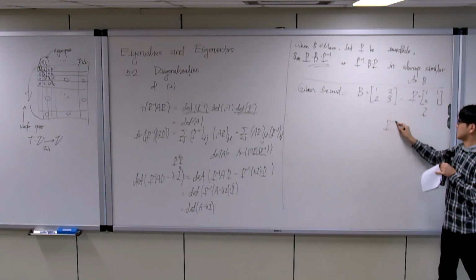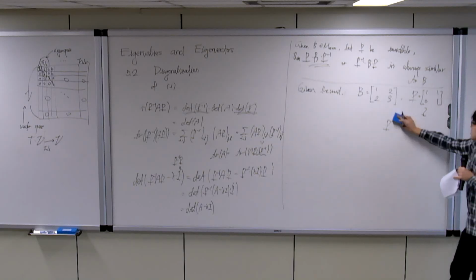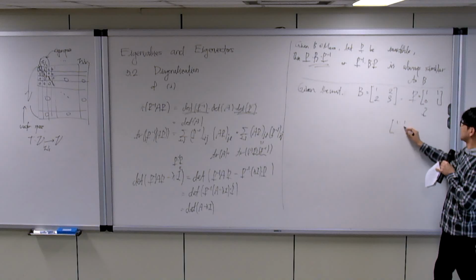To find the matrix, we need the notion of eigenvalue, and we will use eigenvectors and their properties.